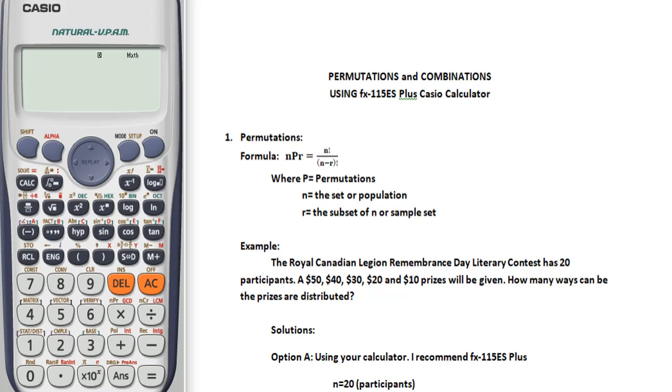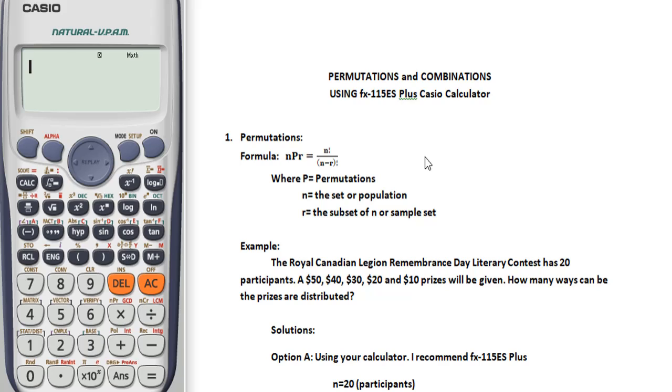So first we're going to do the permutation, and the formula is nPr equals n factorial over n minus r factorial, where P is the permutation, n is the set or population, and r is the subset of n or sample set.